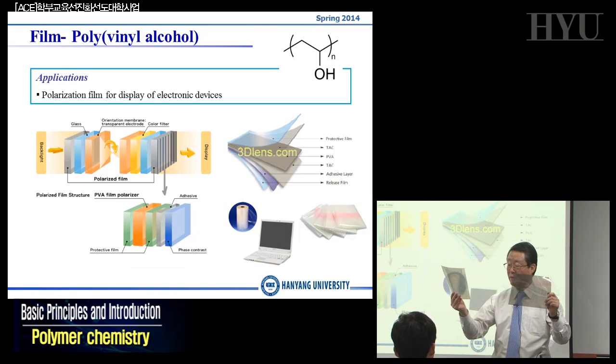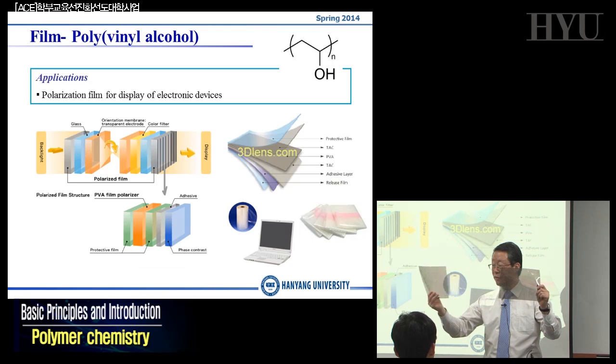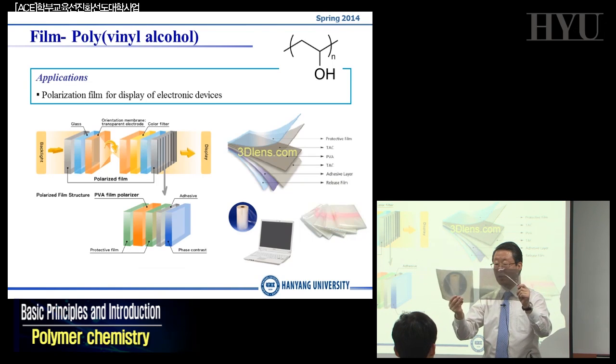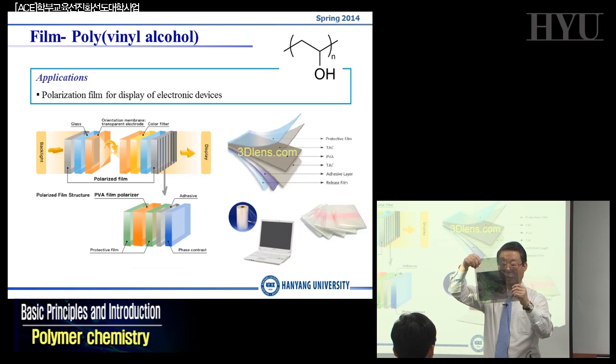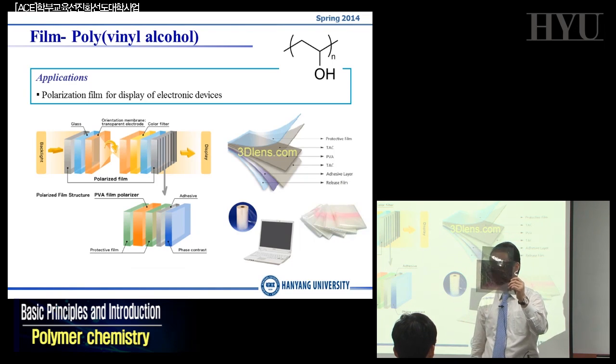Anyway, if I have two oriented films, and I overlap them in the same direction, there is no difference. But if I make them perpendicular to the orientation, then it will become very dark.